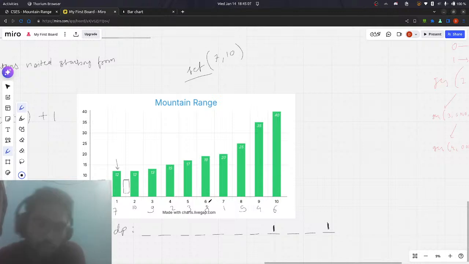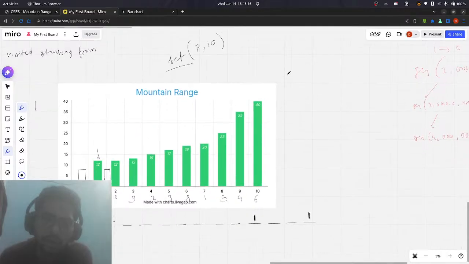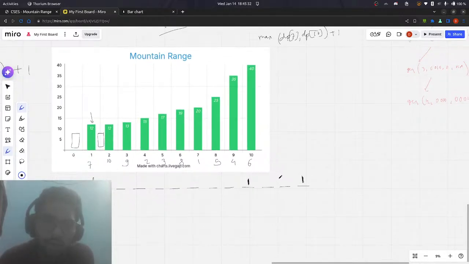Okay, so lower bound of 9 will give me 7, so dp of 7, and upper bound of 9 will give me 10, so dp of 10, the maximum of which will be 1 only, and I'll add 1 to it, so dp of 13 will be 2.